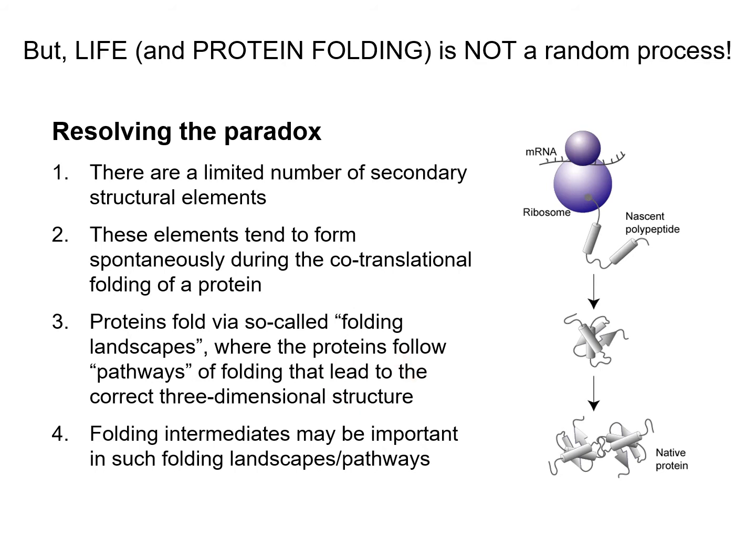The disulfide bond bridge is one of the rules that you can follow as the pathway or landscape here too. And folding intermediates may be important in such folding landscapes and pathways. So there are always intermediate stages where small regions can be folded first, following the pathway or the landscape.